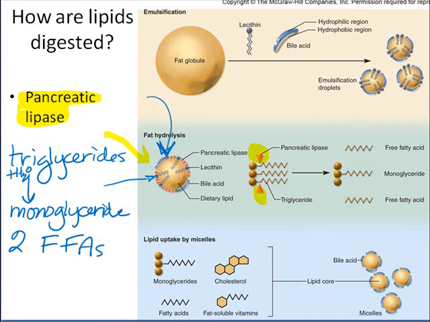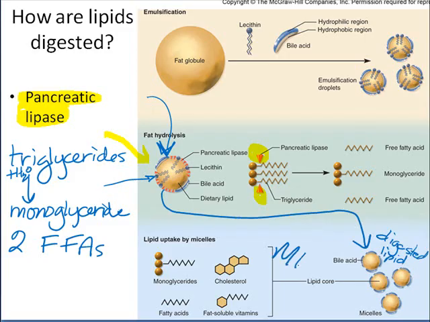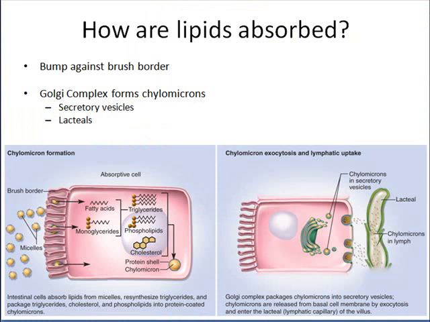And by the way, these emulsification droplets, once they contain the digested lipids, we call them micelles. Okay, so an emulsification droplet contains undigested lipids. A micelle contains digested lipids that are just getting ready to be absorbed. So how does that happen?